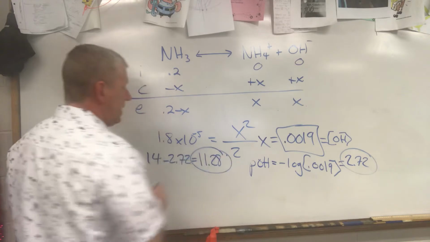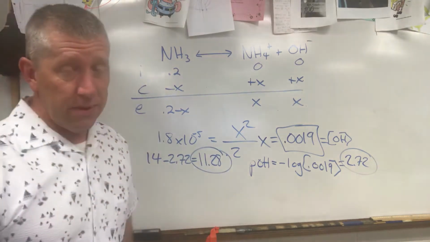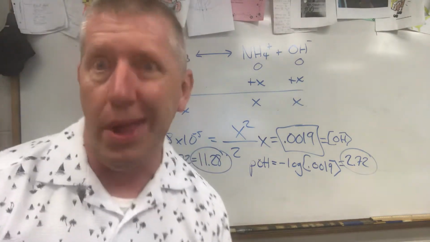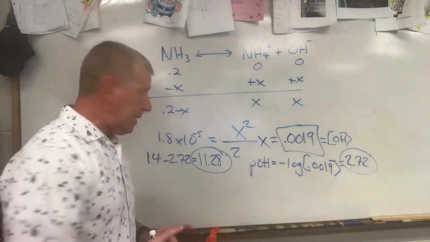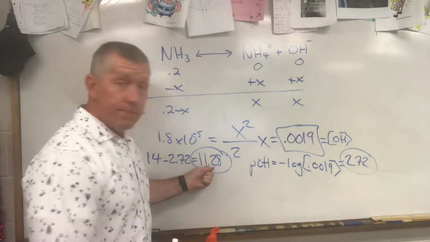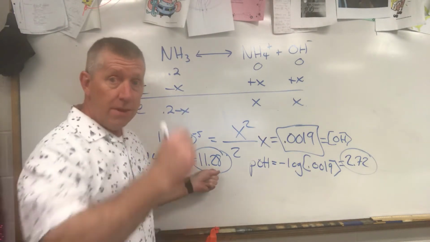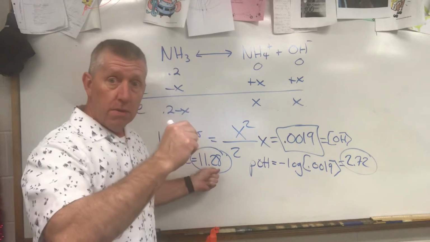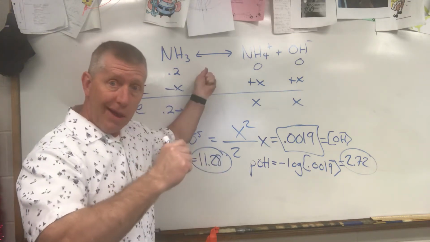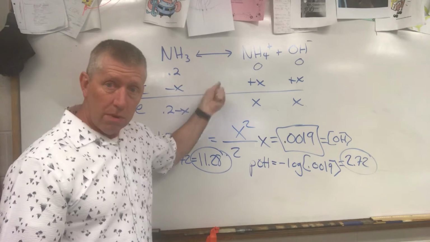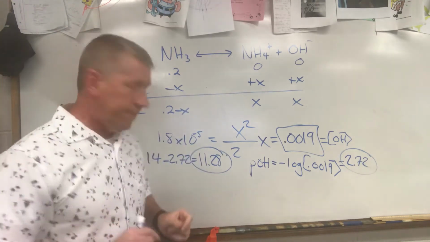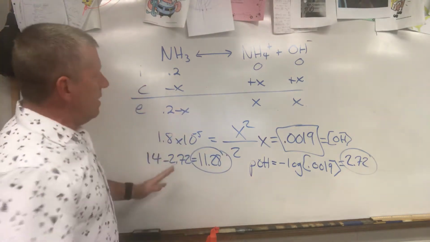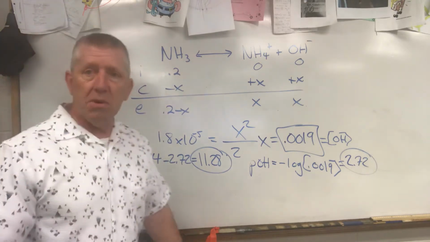So that's my pH. Does it make sense? Of course it does. It's chemistry, hello. But it makes sense because the pH is 11, that's basic, which it should be. It's ammonia, it's a base. Okay, makes sense. Okay, that is a straightforward ICE chart.